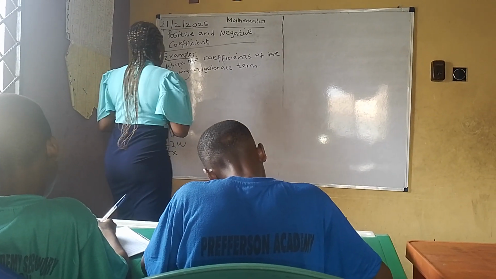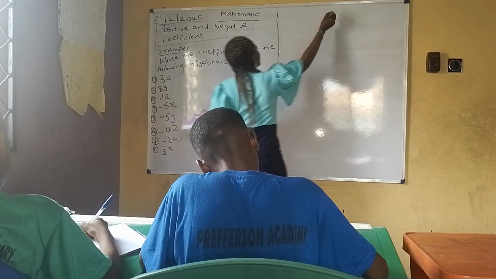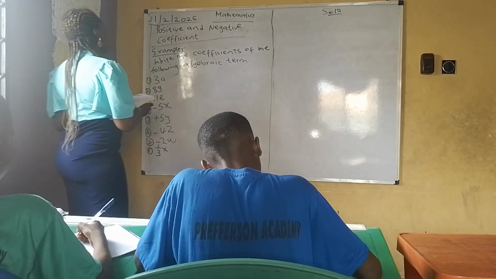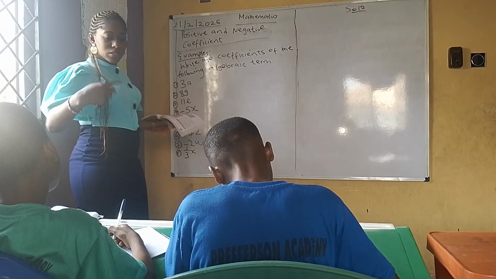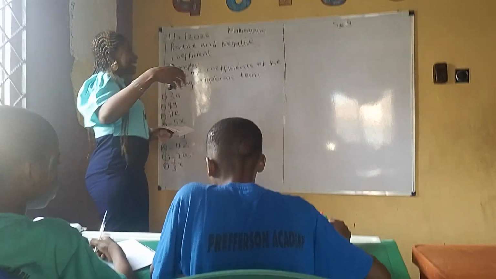So we are going to draw a table to answer this. Because we want to not just bring out the coefficients, we also want to express them, break them down. Don't write, just listen.